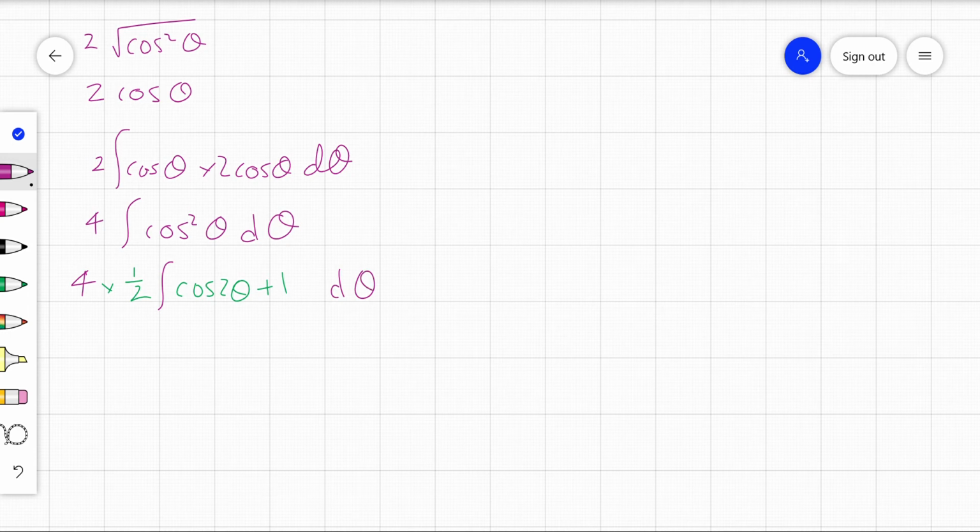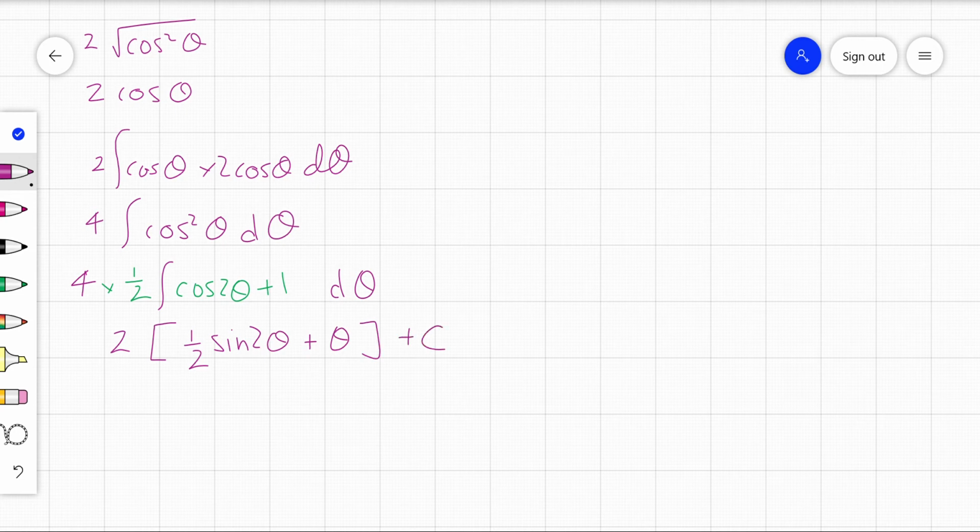All right, so obviously we've got 2 out the front. Cos goes to sine. But we've got a 2 theta, so we need a half out the front. 1 goes to theta, plus c.